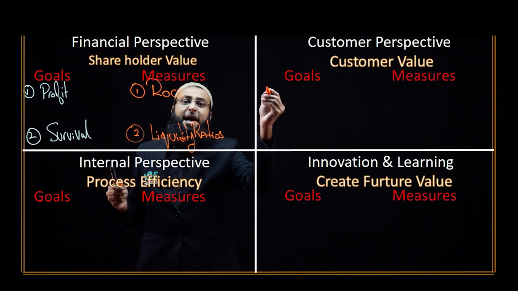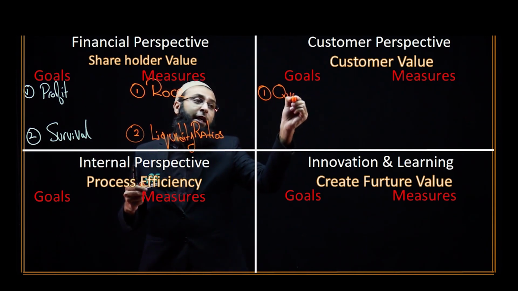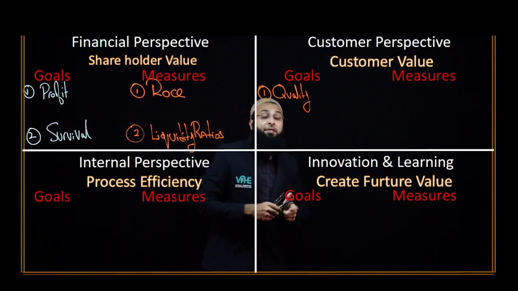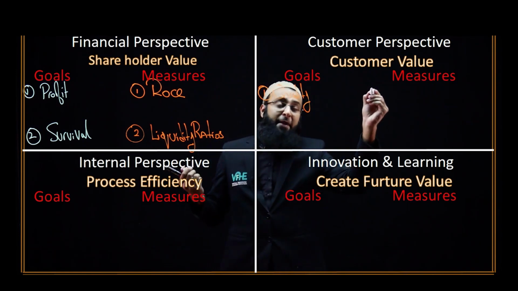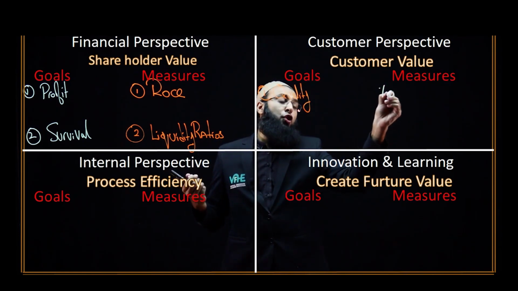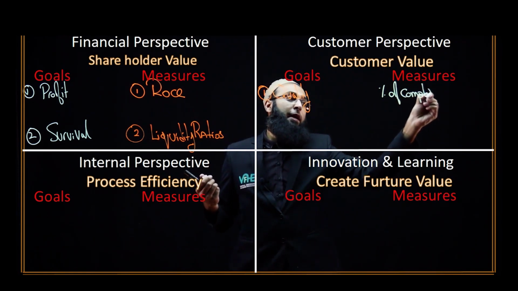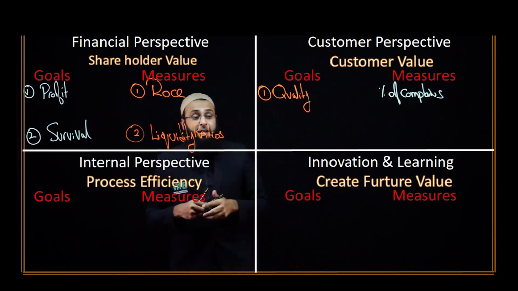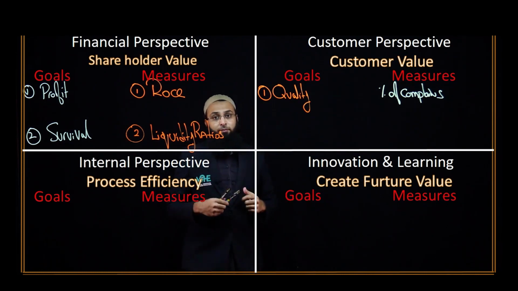So for example, I can say here, let's suppose quality. So quality product, quality service will be a goal. And the measures to ensure quality, for example, can be percentage of quality complaints. It can be a measure that will check the achievement of quality goals.